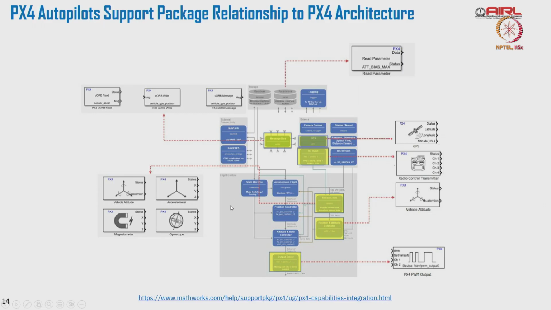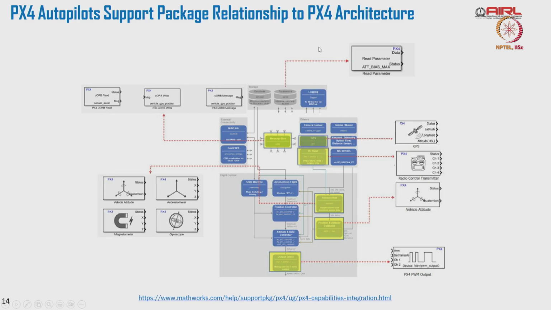We talked about these 4 blocks in detail in module 4. We talked about how attitude and rate controllers have been implemented, how the position control has been implemented, and then how you can bring in the state machine, which is basically a system architecture that takes care of the whole interface. The output of the flight control architecture is sent as a PWM output, and that will interface with your actual motor control.